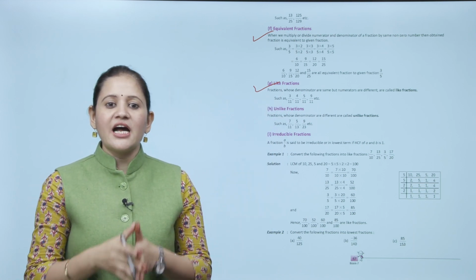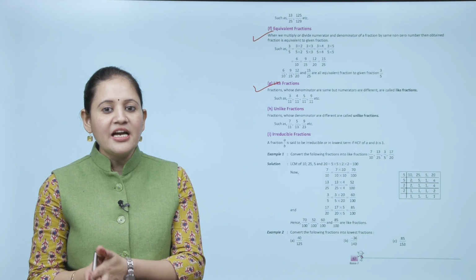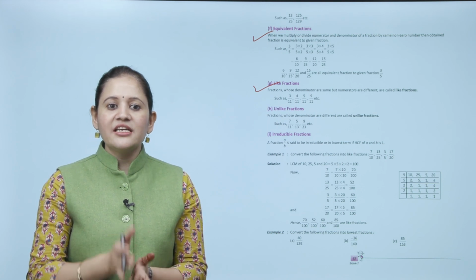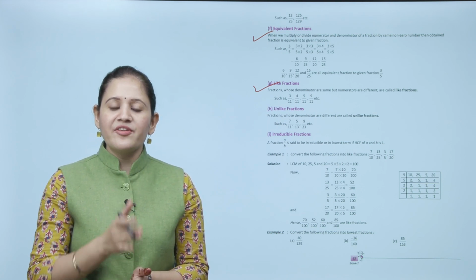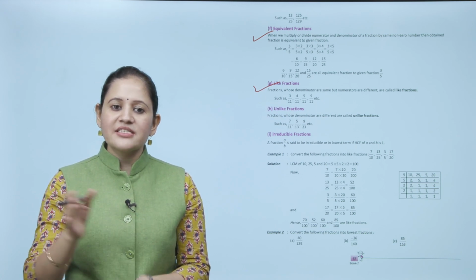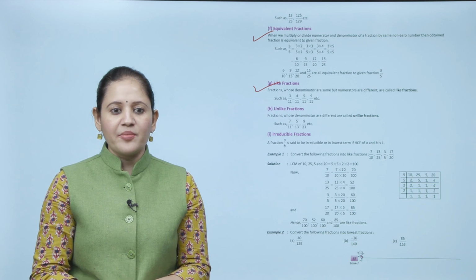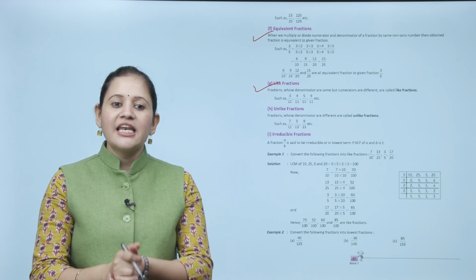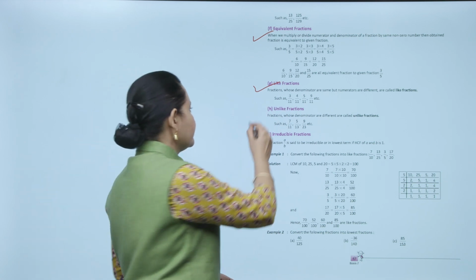Next, like fractions. Fractions whose denominators are the same but numerators are different are called like fractions, like 3/11, 4/11, 5/11, 9/11. All these are like fractions because all have 11 as a denominator. Next, unlike fractions.